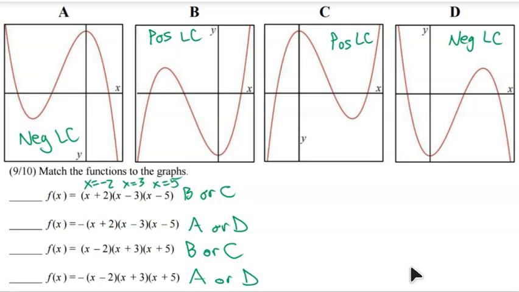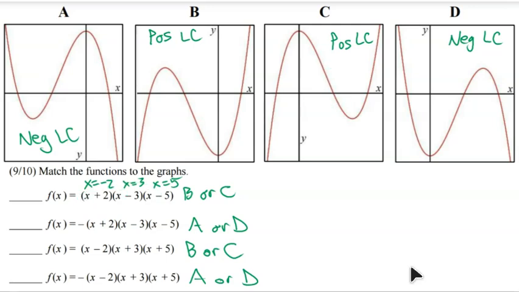Well, maybe B does, okay? Maybe this is negative 2, and maybe this is positive 3. But if this is negative 2 and this is positive 3, then what is this one over here? What is that, negative 5? Well, we need positive 5. So it's not possible for B to be this one right here.